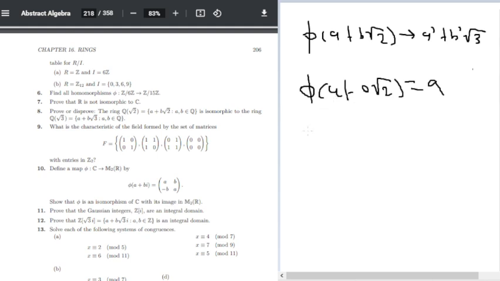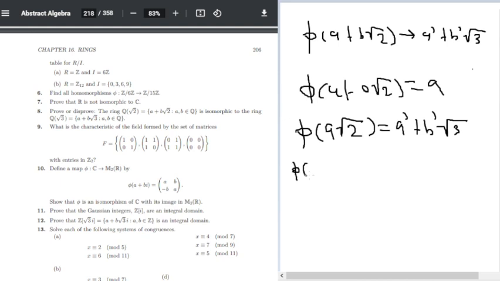Alright, so we simply need to determine how phi acts on this. So suppose we have phi of a square root of 2. It will be equal to a prime plus b prime square root of 3. Right? Now, phi of (a square root of 2) squared.